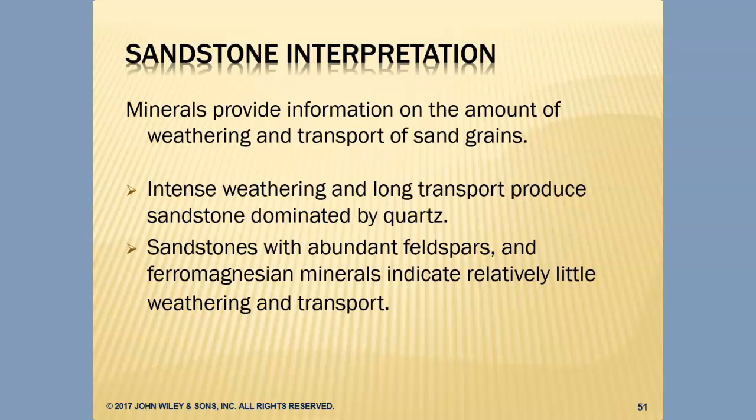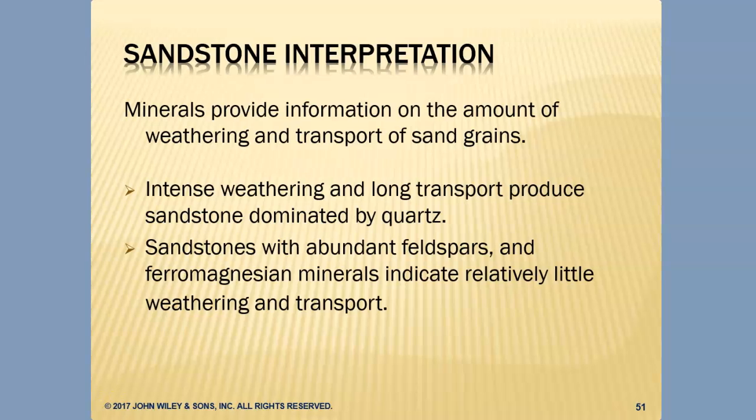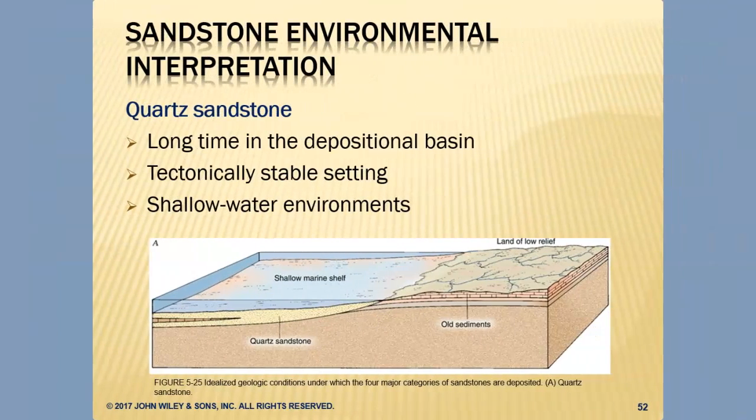Feldspars and ferromagnesian silicates are easily weathered at the Earth's surface, or at least easier than quartz is. So if you find sandstones with abundant feldspars and ferromagnesian minerals, this indicates that there has been relatively little weathering and transport that's happened.